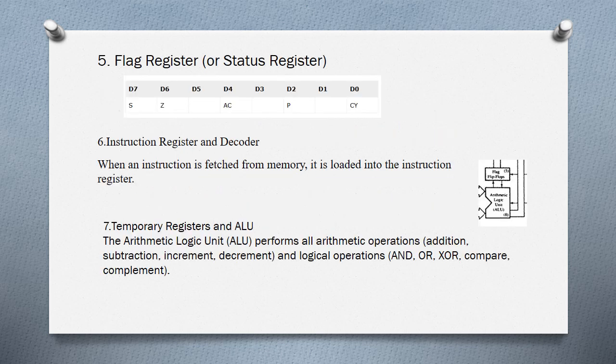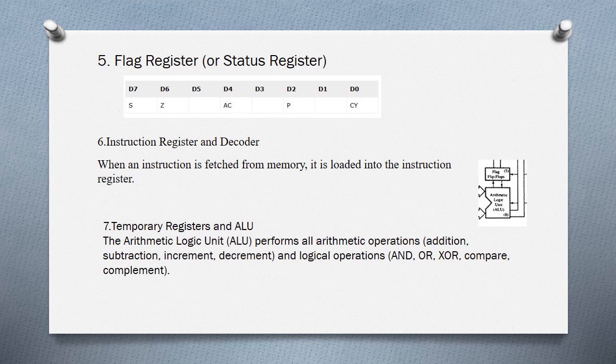Coming to another register, which is called the flag register. The flag register is otherwise called the status register, and it reflects the result in the accumulator. After the execution in the arithmetic and logic unit you will have a result, an answer. Based on the answer, the flag register flip-flops will be set and reset.